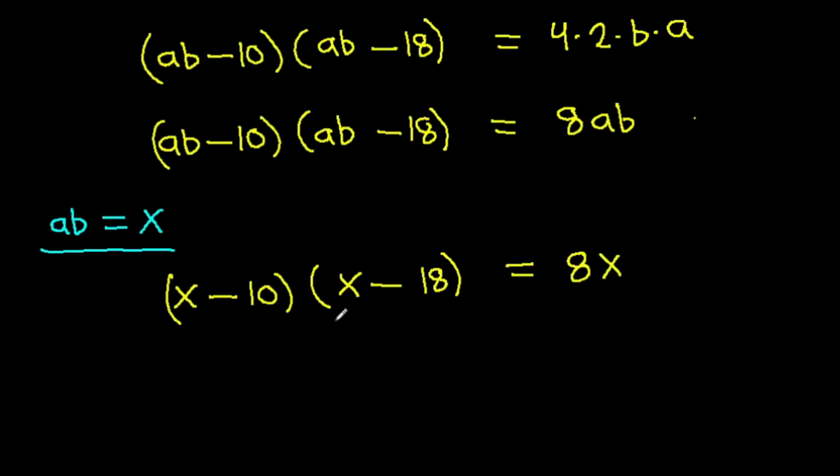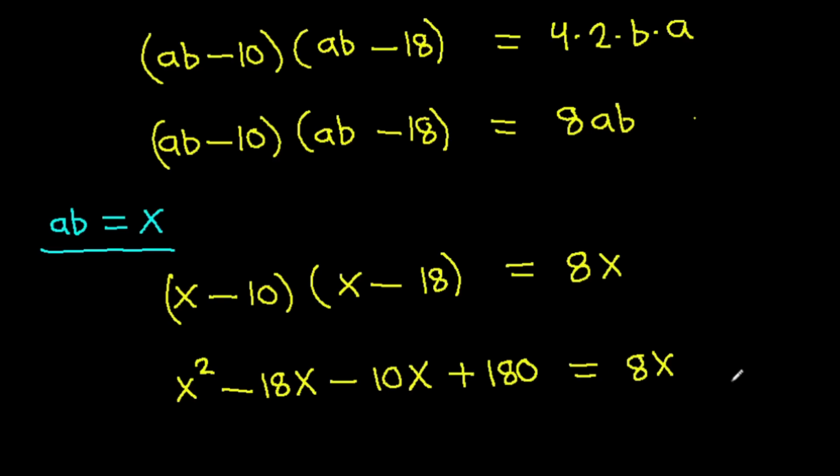X times X will be X square, and X times minus 18 will be minus 18X, and minus 10 times X will be minus 10X, and minus 10 times minus 18 will be plus 180. It is 8X.